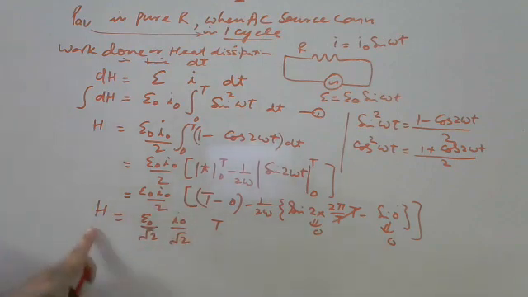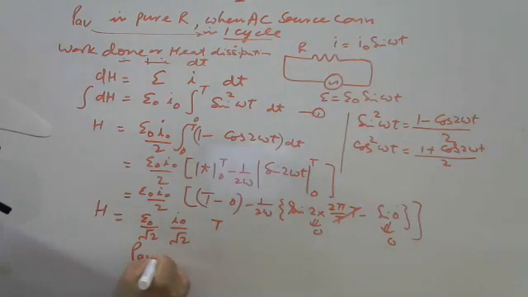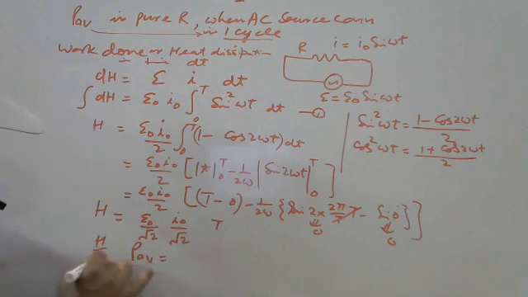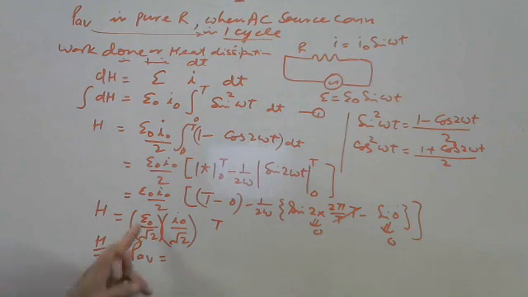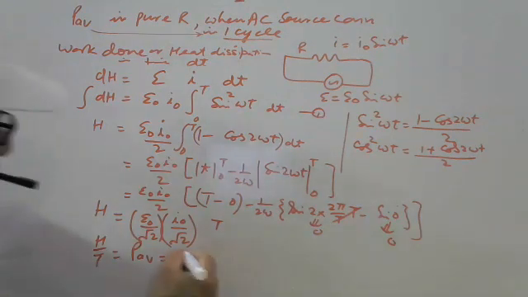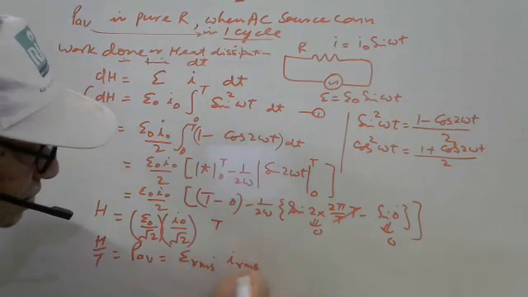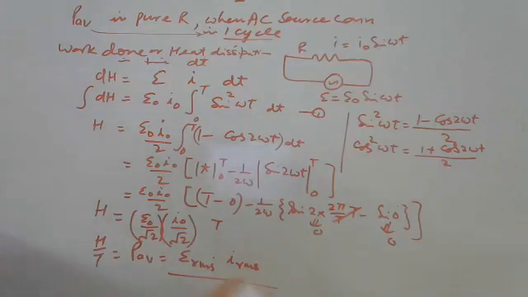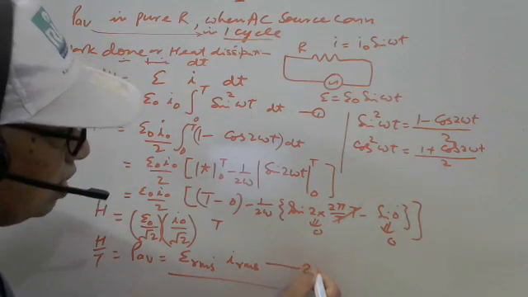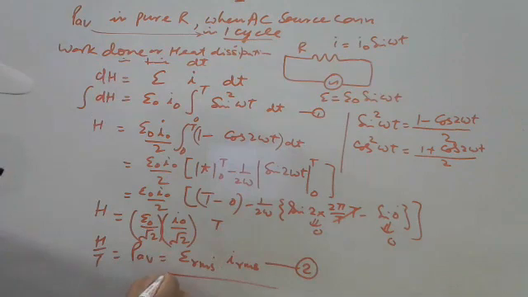If we divide H by T, we get the average power in one cycle, since heat upon time is power. This gives E naught by root 2 times I naught by root 2. E naught and I naught are the maximum values, and E naught upon root 2 is the RMS value. So we can write E RMS times I RMS. This is the final formula for average power in one cycle.